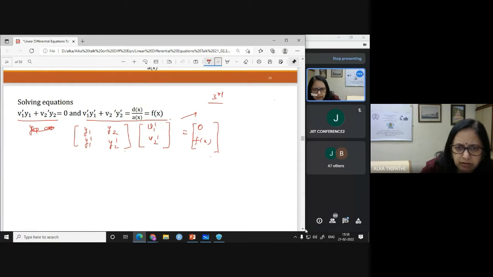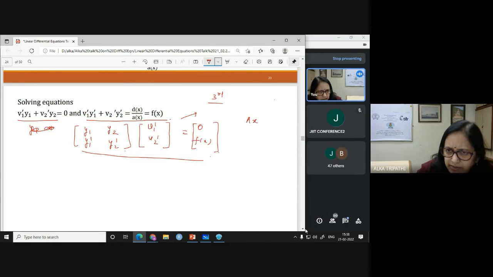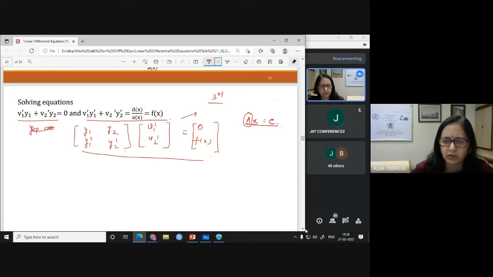Now, this is converted into an equation of the form Ax equal to C, where A is any matrix, x is a variable column vector, and C is also a column vector. And we say that we will have a unique solution of this equation only if A is invertible, or you can say non-singular.